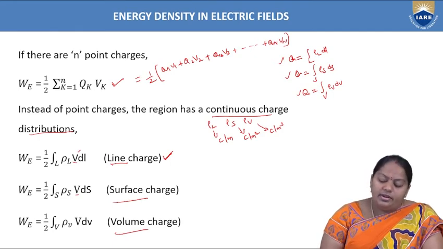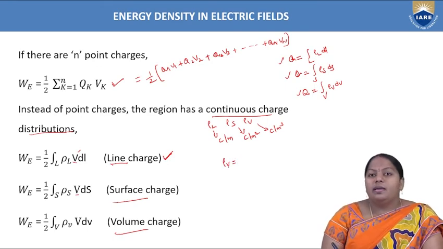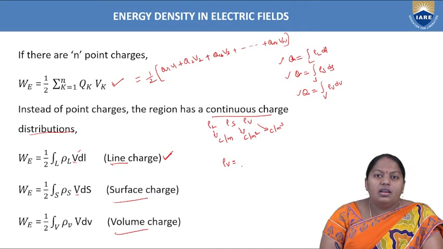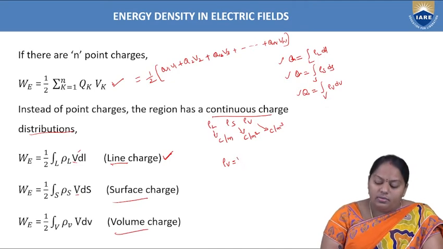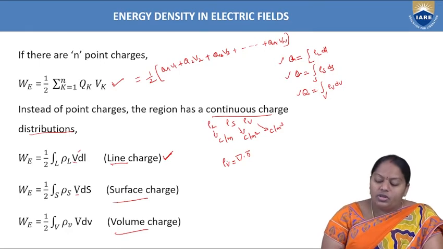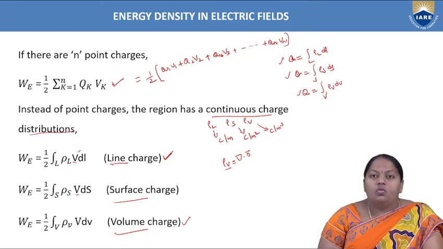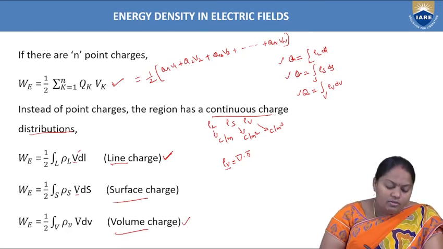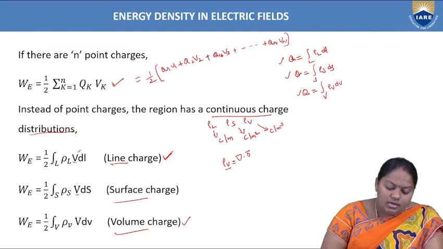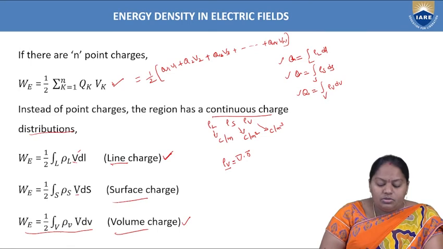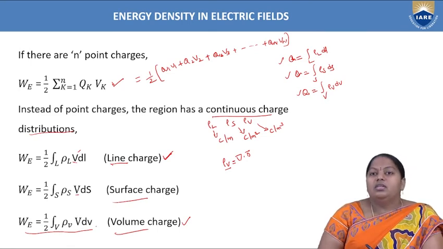Now, we know that the Maxwell's equation in point form, derived from the Gauss law, is given by rho V equal to del dot D. That's why rho V exists in the volume charge case, so we consider the final result W E equal to 1 by 2 integral V rho V dV.